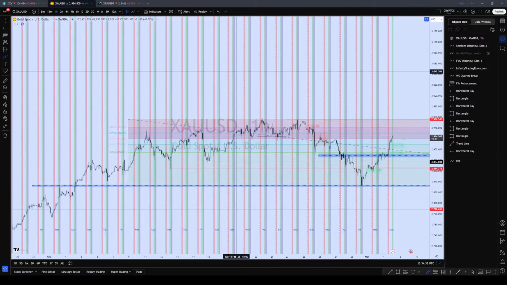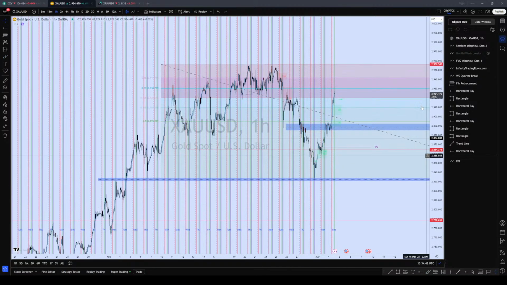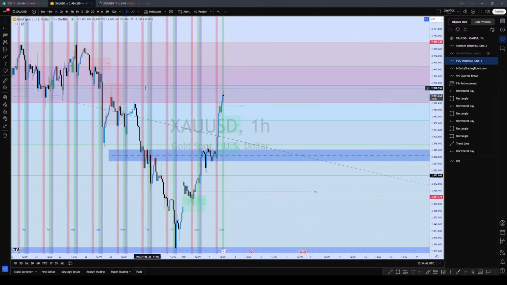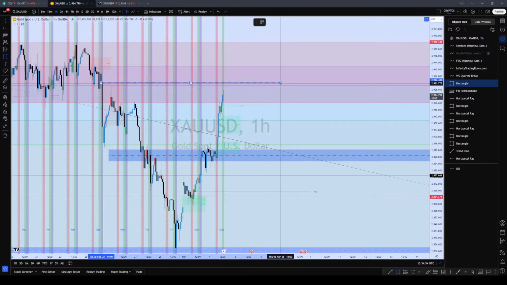What I'm saying is this level, which is the 79 retracement level, that's what I'm watching. Right here. I don't know if they'll take it up there today or tomorrow, but that's the level you're watching.